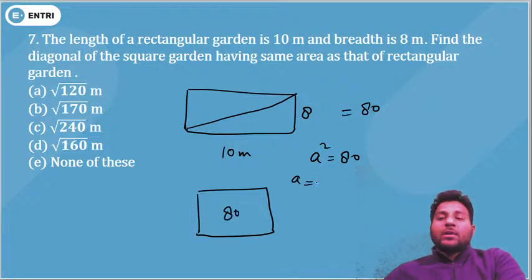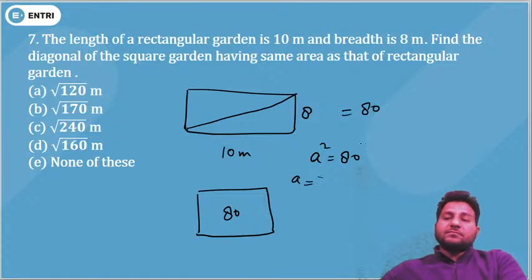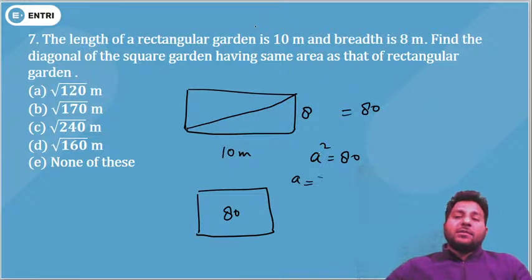So how are you going to solve this? First you need to find the side of the square. Yes, Sharath, root 80, absolutely correct. So the side is 4 root 5.